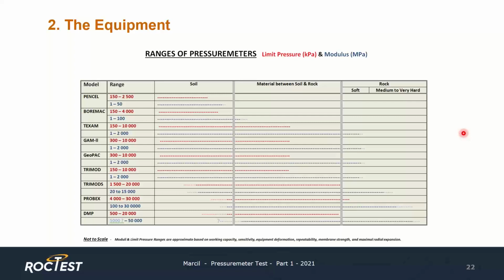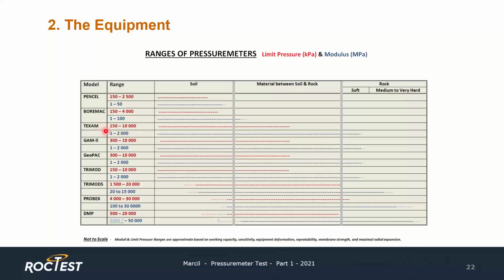This chart shows the different pressure meters depending on their range in terms of modulus and limit pressure they can measure. So you see here the small pressure meter, the pencil model, that can be used in soils only if the soil is not too hard.